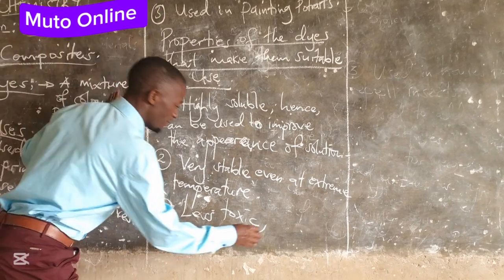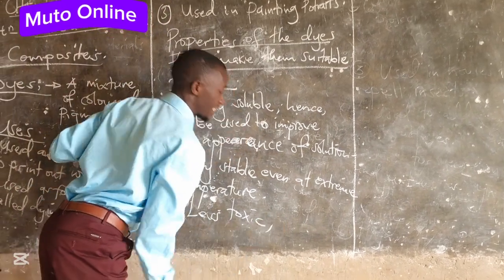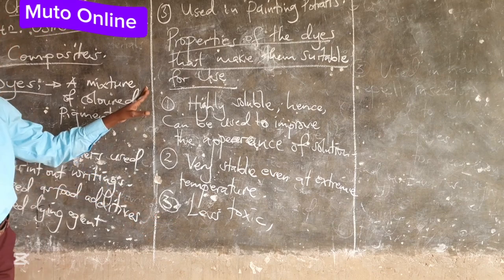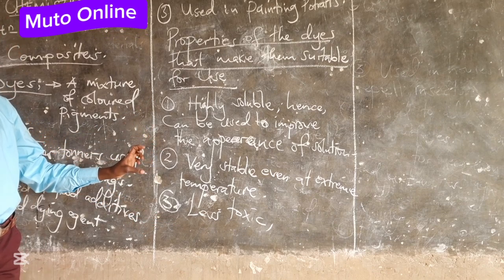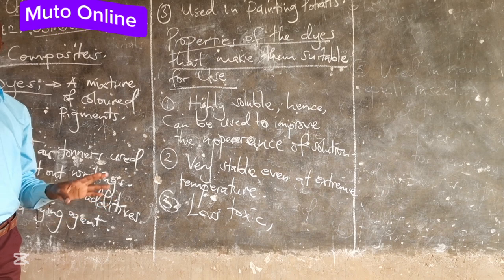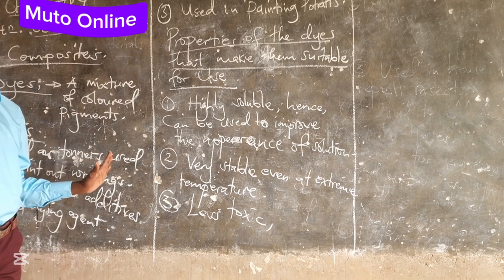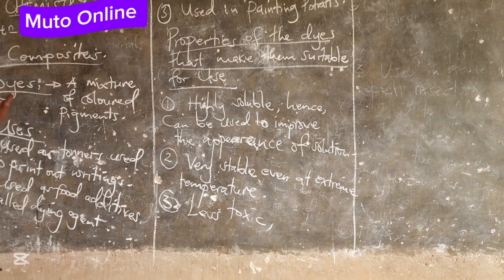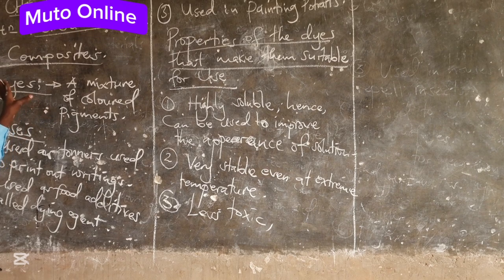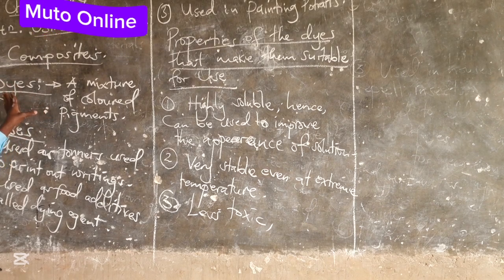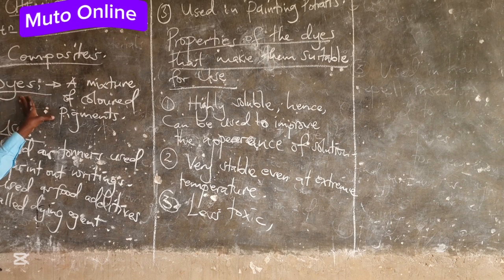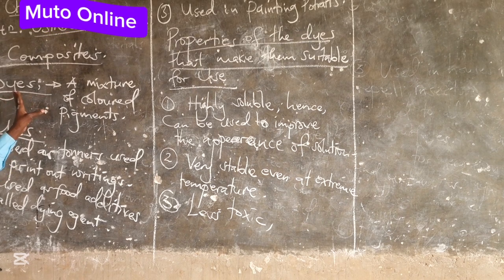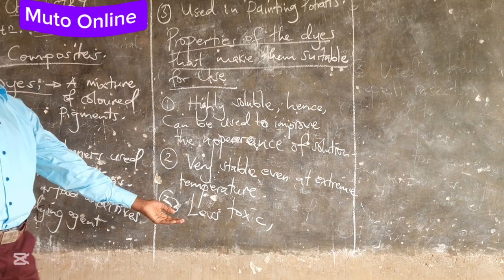But for them, they are less toxic. So it is a property that makes them suitable for use. We said the category for dyes, if we are to remember, is synthetic composites. The paint is a synthetic composite, concrete, and so on. So they are less toxic.